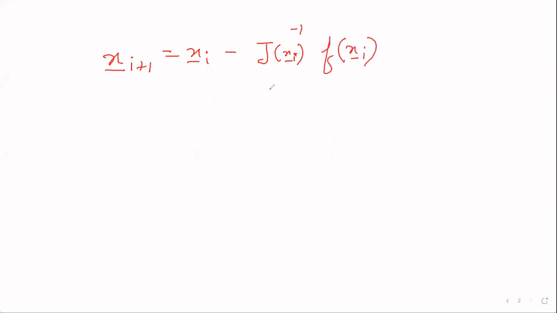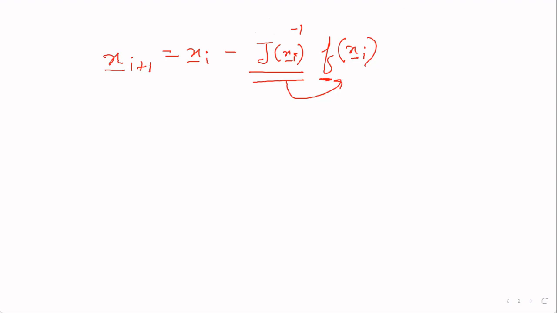Now, here's the thing. If we try to solve the system using this iterative method, we have to calculate the Jacobian inverse in each iteration. And on top of that, we are going to need to multiply it with this column matrix as well. F is also a vector. So there is a lot of computational complexity involved in evaluating the inverse matrix at each iteration.